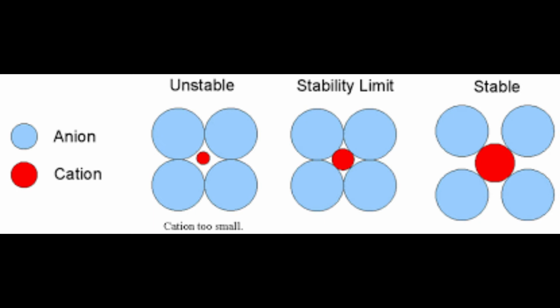But the attraction between cation and anion will be as before. So this is a somewhat stable situation. Now the question you may have is: up to where can we increase the size of the cation? Till the size of the anion, so that the radius ratio will equal 1.